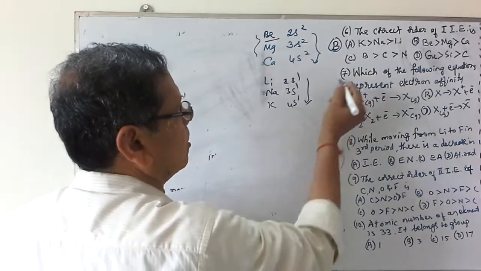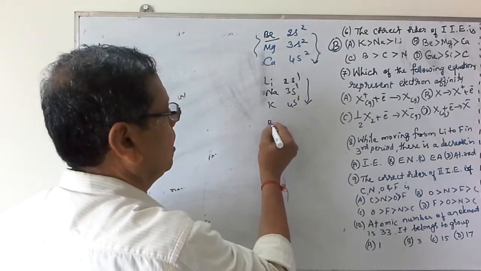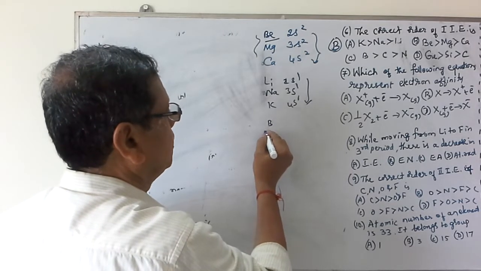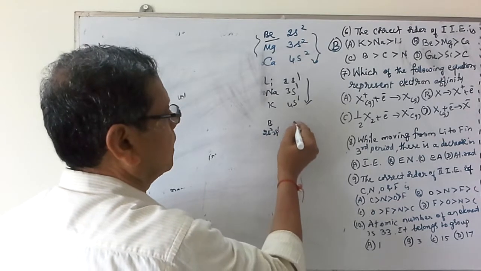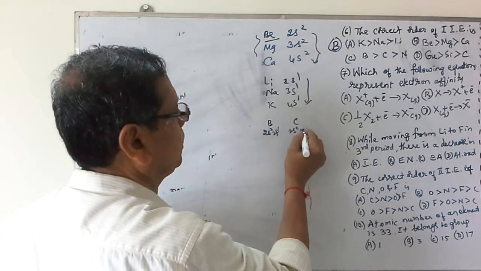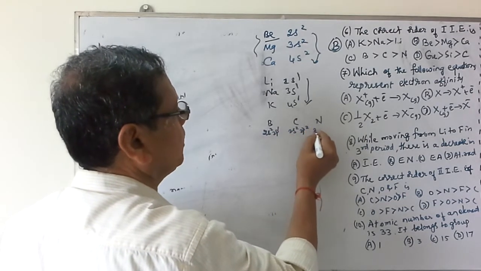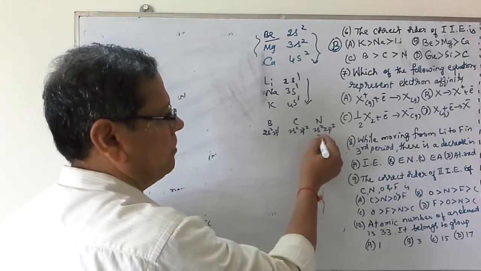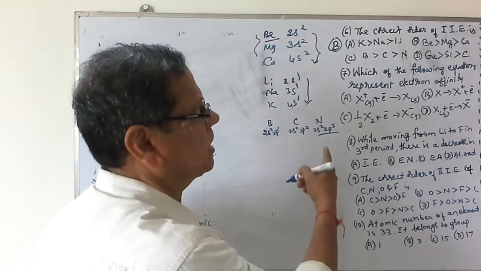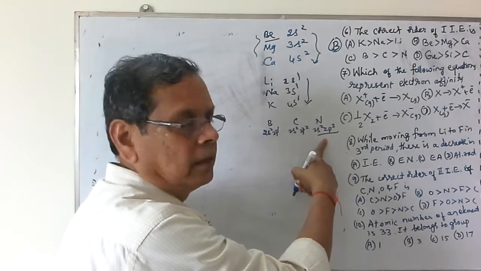Then coming to the third option, B, C, N: boron has 2s2, 2p1. Carbon has 2s2, 2p2. Nitrogen has 2s2, 2p3. Since nitrogen has the half-filled configuration, it must have the highest ionization energy.